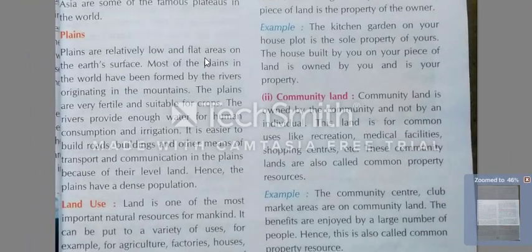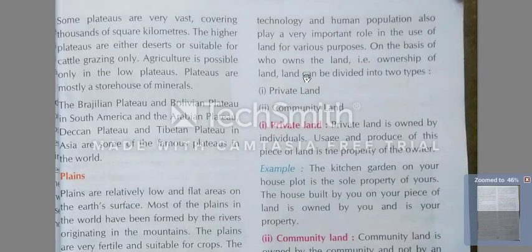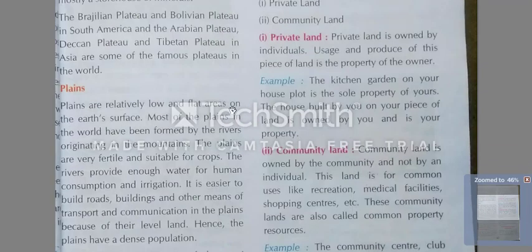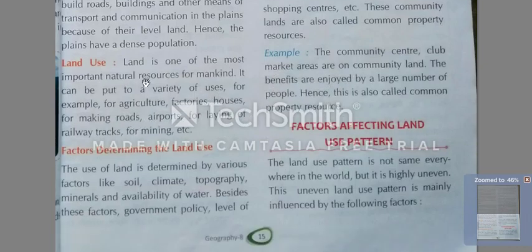I have given 4 questions: what is land use, on the basis of ownership how many types is the land divided, what is land use, and what are the factors which determine the land use. I will ask all these questions in the Zoom app, and you will answer there. Complete your work first.